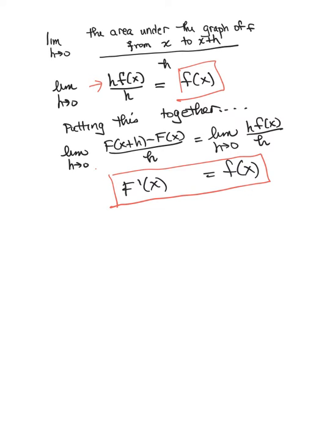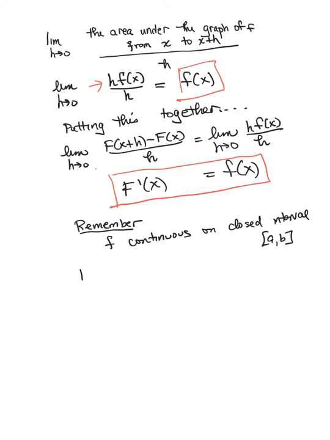Okay, so remember, little f has to be continuous on some closed interval AB, and we define a new function which we will call capital F. We could call it capital I, we could call it G, H, it doesn't matter.